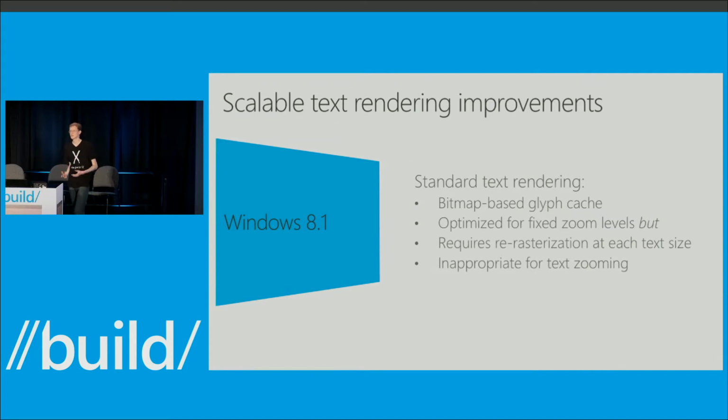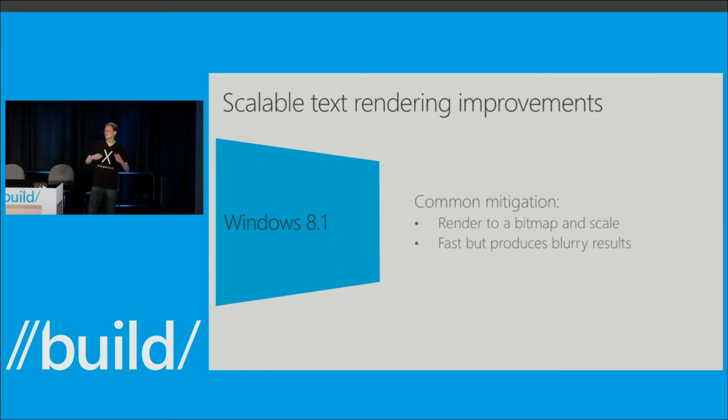But it got worse because our font cache was only a fixed size, which means that it could fill up, and you could end up having to purge the contents, which meant that you got a lot of thrashing of your cache, which wasn't great for your app or any of the other apps that may have been running concurrently on the system. So this was really not a situation that was suitable for giving you a nice zooming experience.